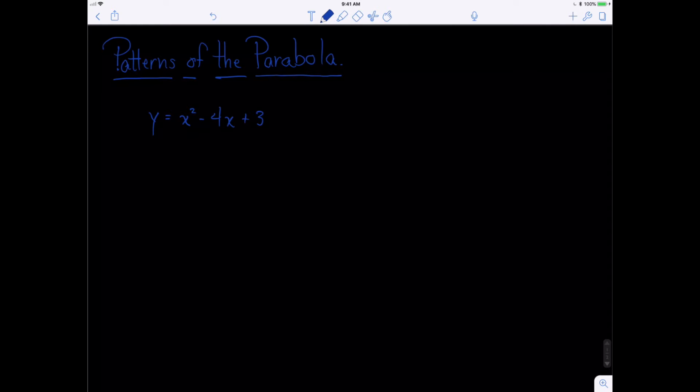And we're going to find the vertex, axis of symmetry, intercepts, and graph.